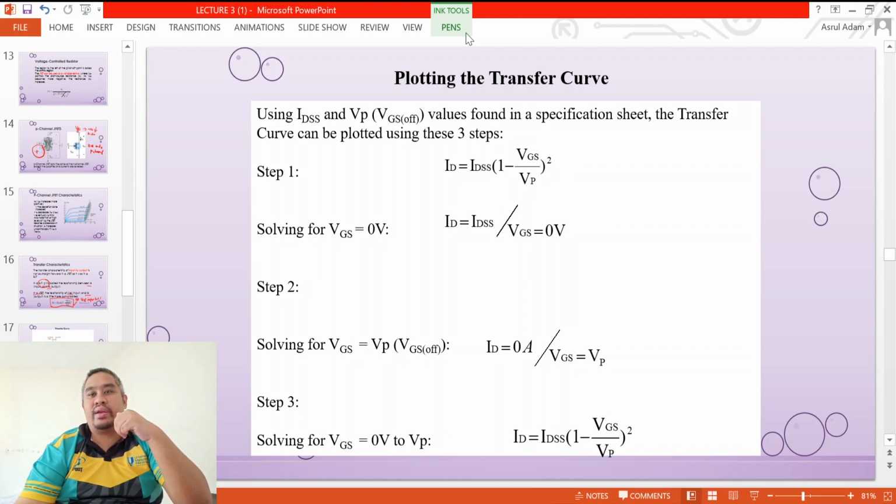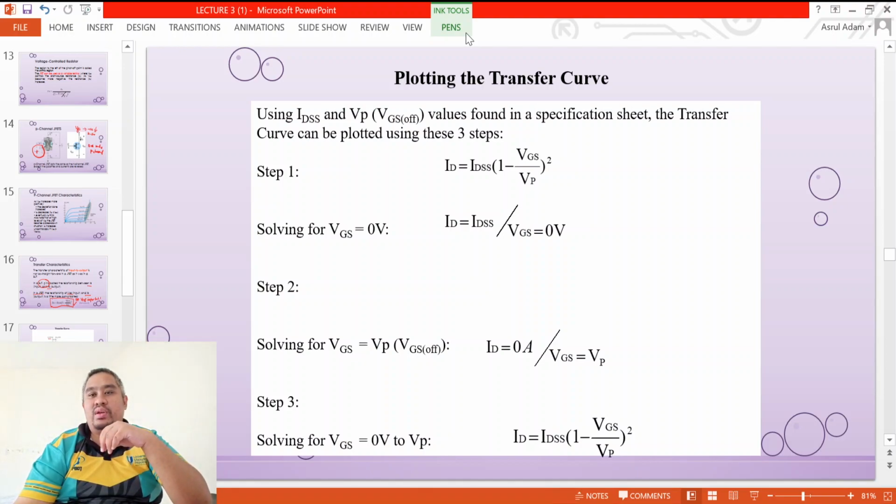What happens under the basic operating condition? For example, when VGS equals 0, what happens to VDS and to the material, and when VGS is lower than 0, what happens to VDS and to the material inside the JFET.